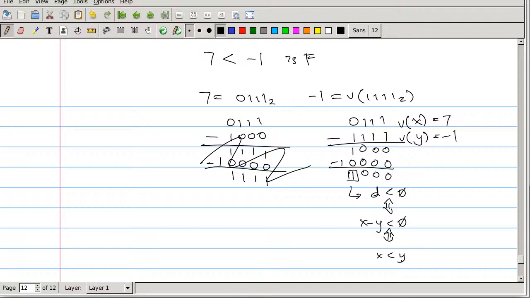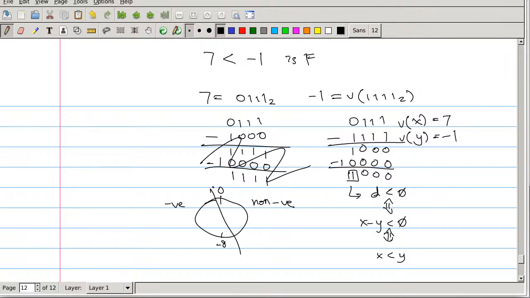This is the other case of overflowing, because what happens in this case is when you look at the number wheel, this is 0, this is -8, and this line divides which half is negative and which half is non-negative.